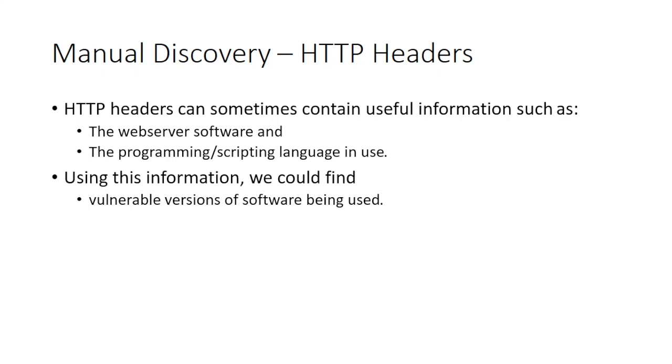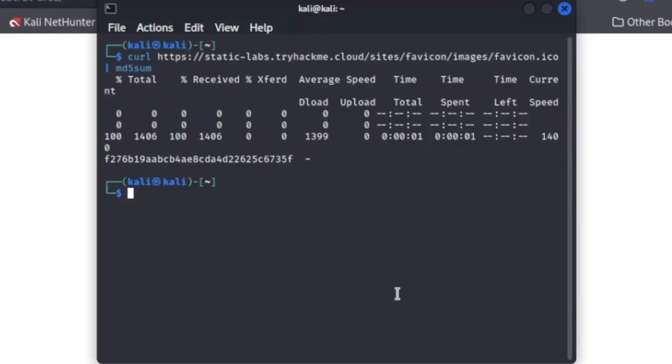Let's send a request to our web server and see what we can get from the HTTP headers. So let's use curl again, this time with HTTP://10.10.12.3, and let's use the -v switch.